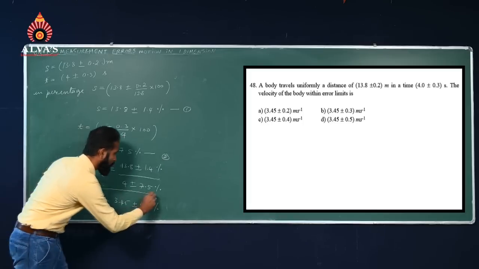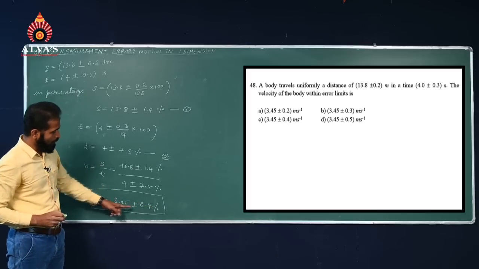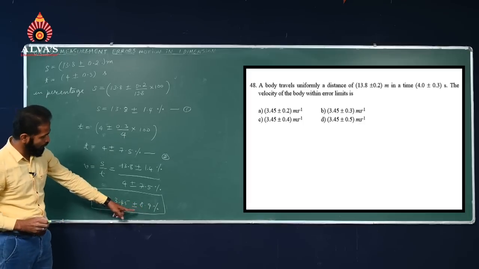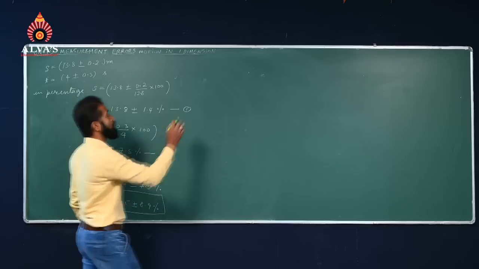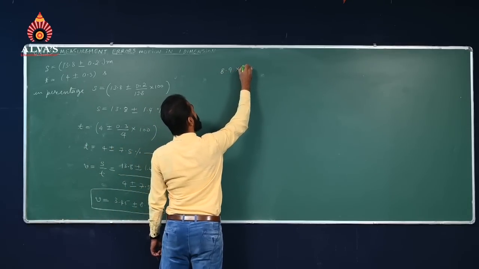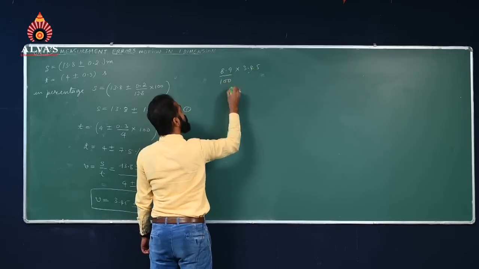8.9%. Now the velocity is in percentage, but none of the options match because this error once again is converted back into meter per second. That means we have to convert the 8.9% of 3.45. So 8.9% of 3.45 is 8.9 into 3.45 divided by 100.